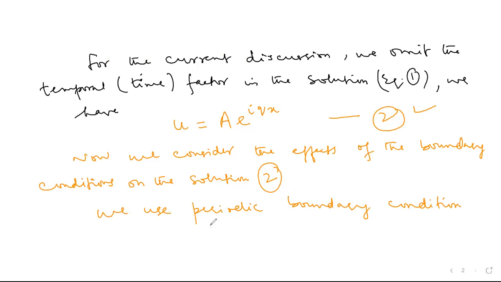Periodic boundary condition means that the right end of the bar is constrained in such a way that it is always in the same state of oscillation as the left end. I should write it in the bracket.